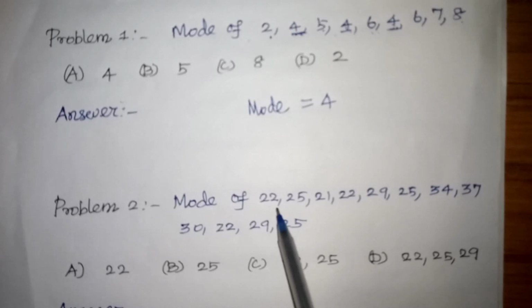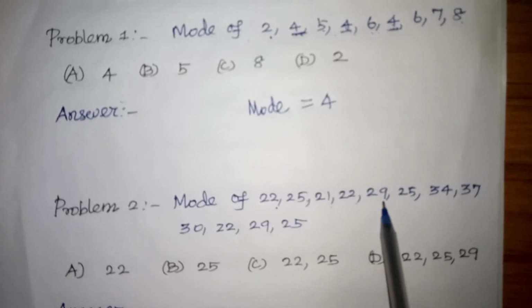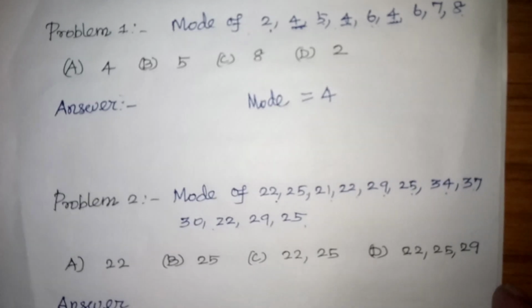Next problem. Mode of 22, 25, 21, 22, 29, 25, 34, 37, 30, 22, 29, 25. Now what is the mode?